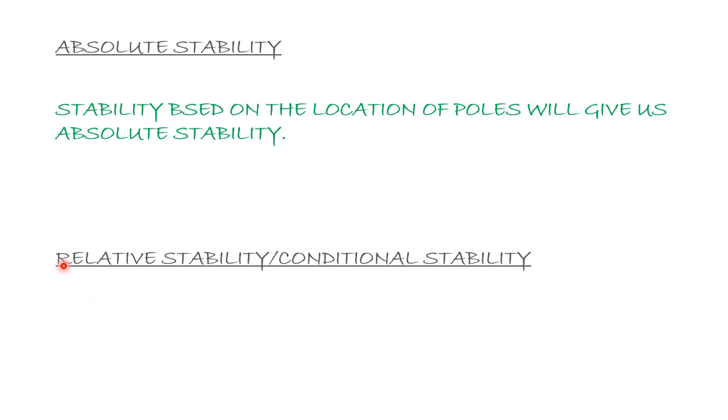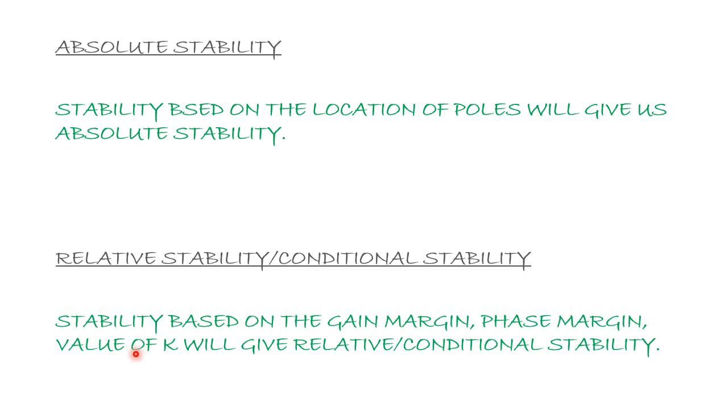So the stability given on the basis of gain margin, phase margin, value of K, etc. is relative or conditional stability. Now we will move on to our next topic. Before moving to that, let's find out the stability of some complex functions.